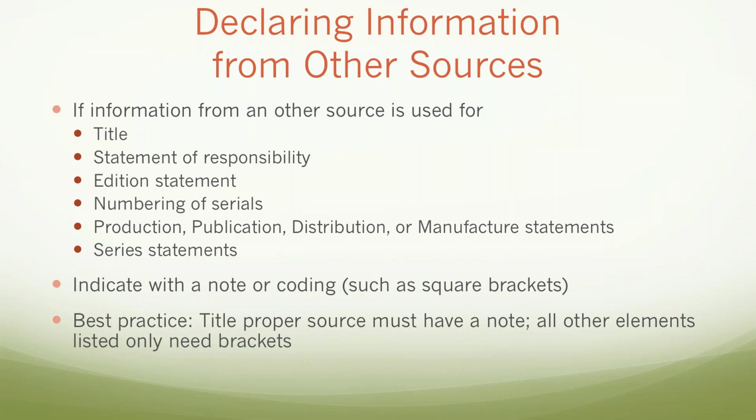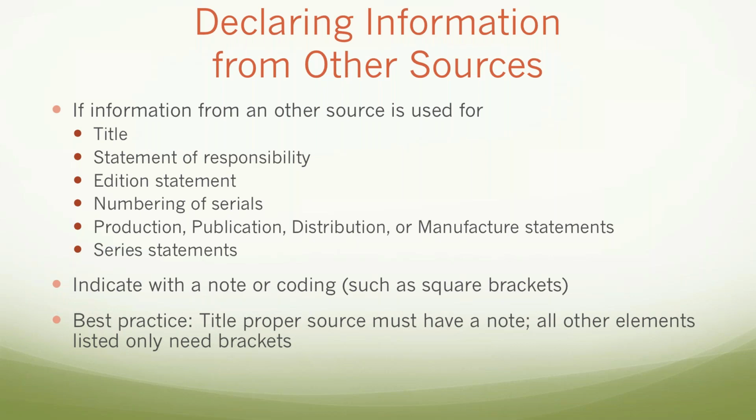And what RDA tells us is to either identify that you took it somehow using a note or some other indicator. And that some other indicator, the Library of Congress has declared we will just use square brackets. And so following along with LC practice, that's what you see in current cataloging.